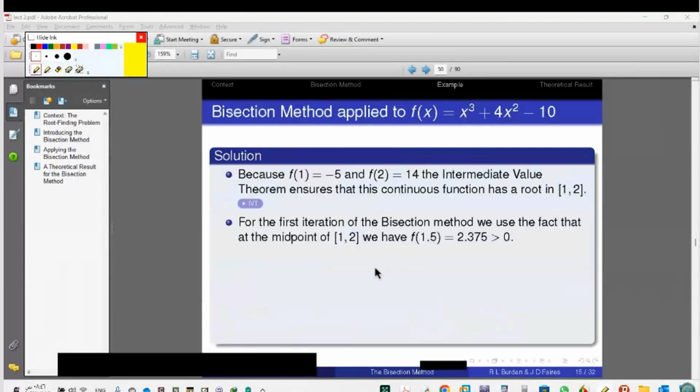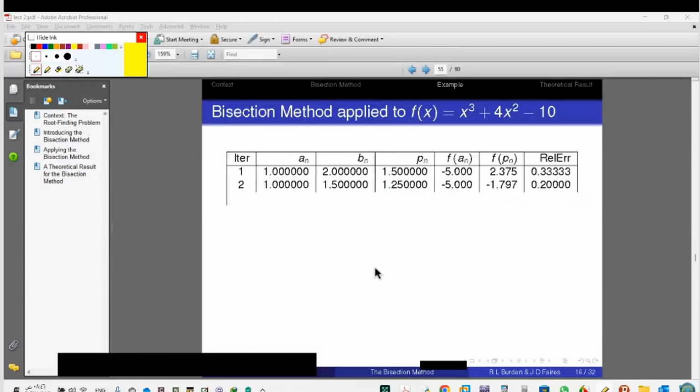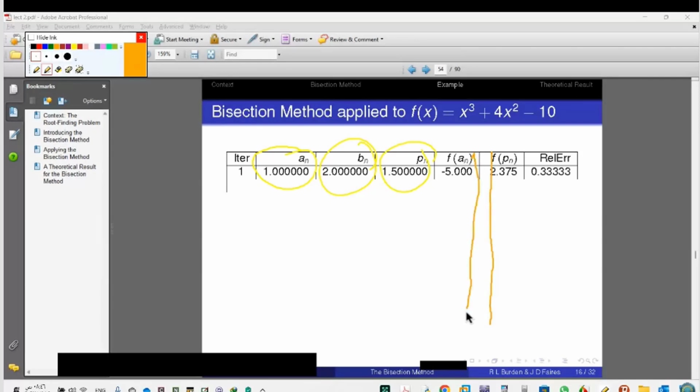Now let's start with this one. I will make a table like this. After I check the conditions, we have to make a table. In this table we have A, P, and B, and you can add columns called F(A), F(P), and F(B); keep the error for later.